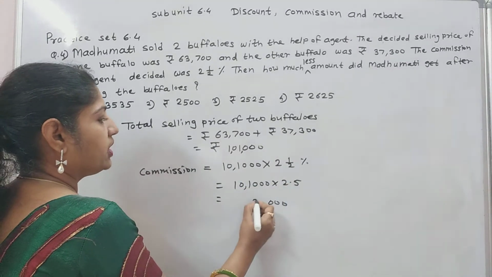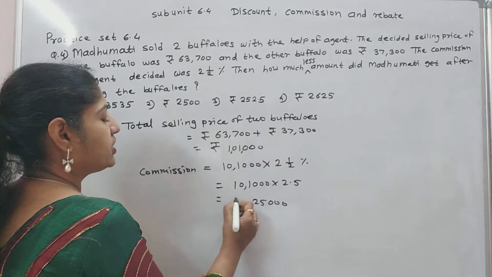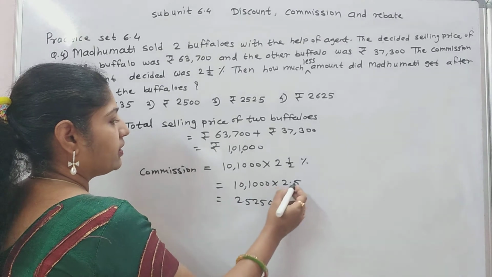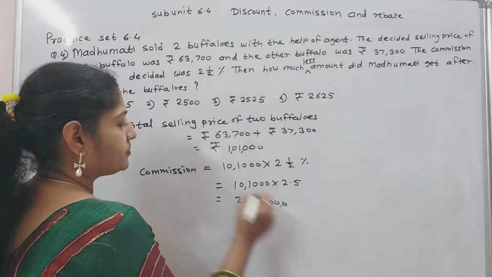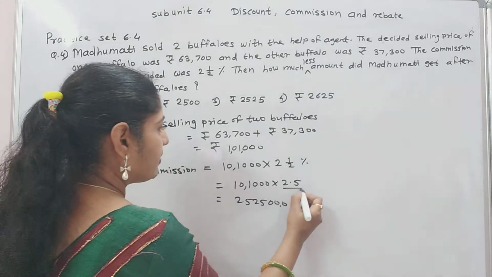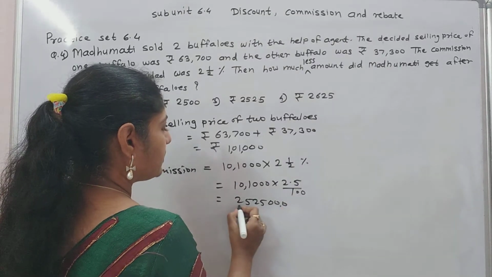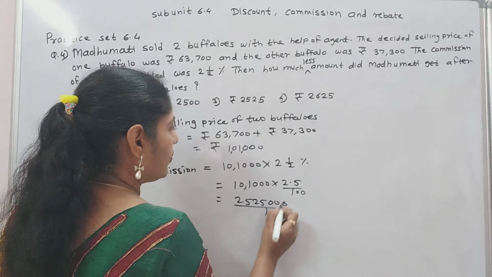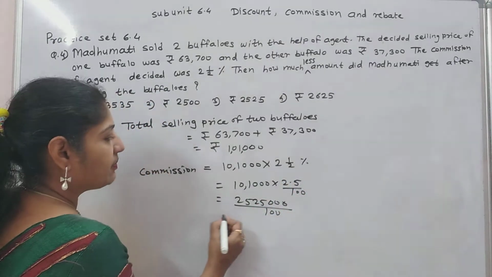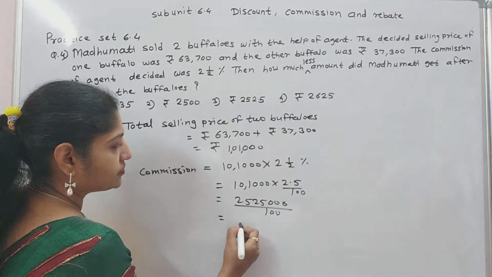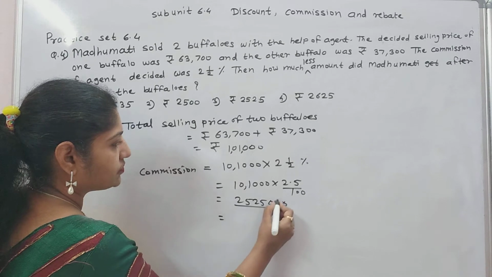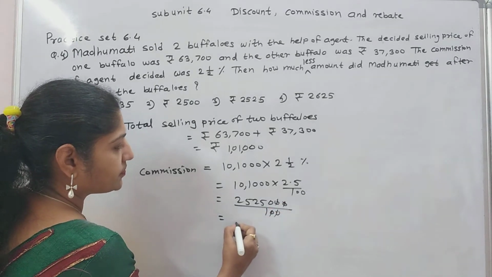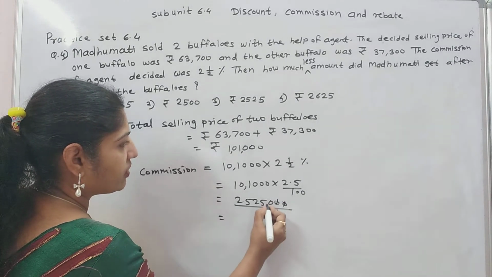25 ones are 25, and 1 decimal place, divided by 100. Total 1 and 2, 3 decimal places, or cut the zeros, and 1 decimal point.